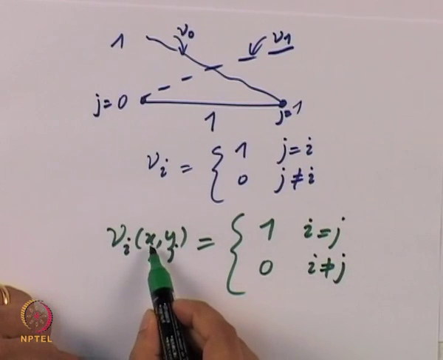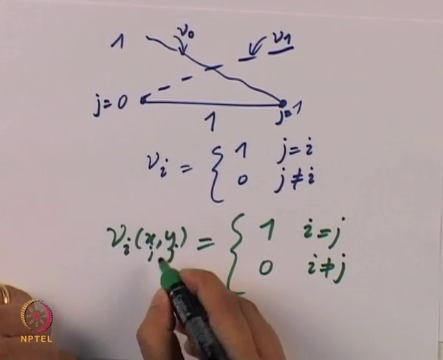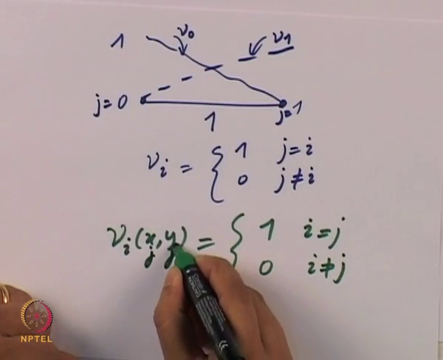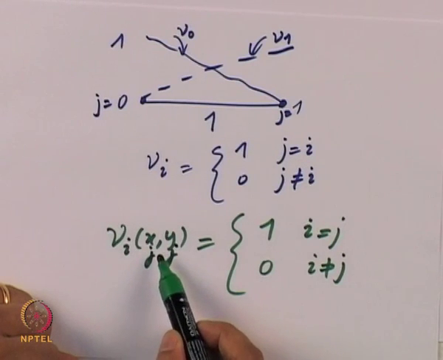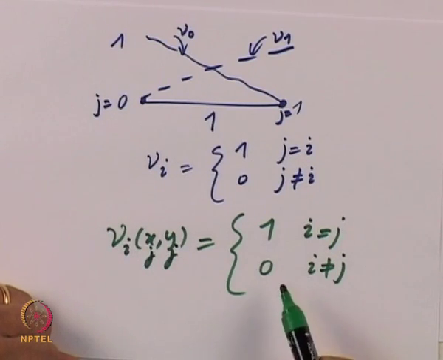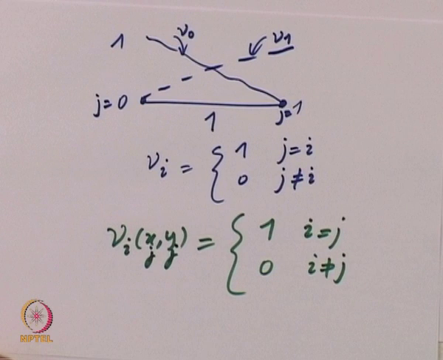So I am at a point x of j comma y of j. Which basis function will have the maximum contribution can be assigned from this property of the basis function.